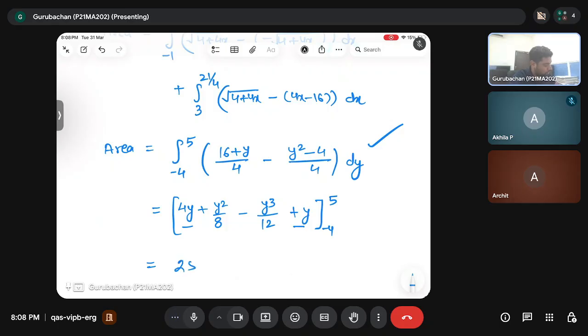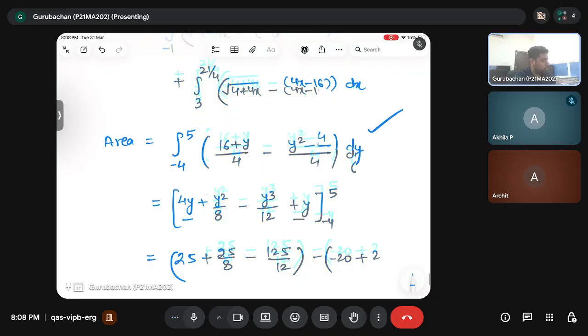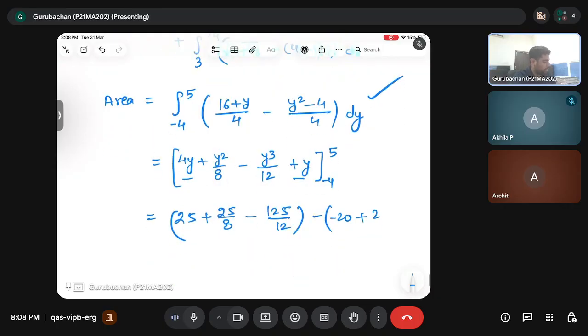So this will be 25 by 8 minus 125 by 12, with the negative sign of minus 20, and this will be plus sign 2 with the negative sign.